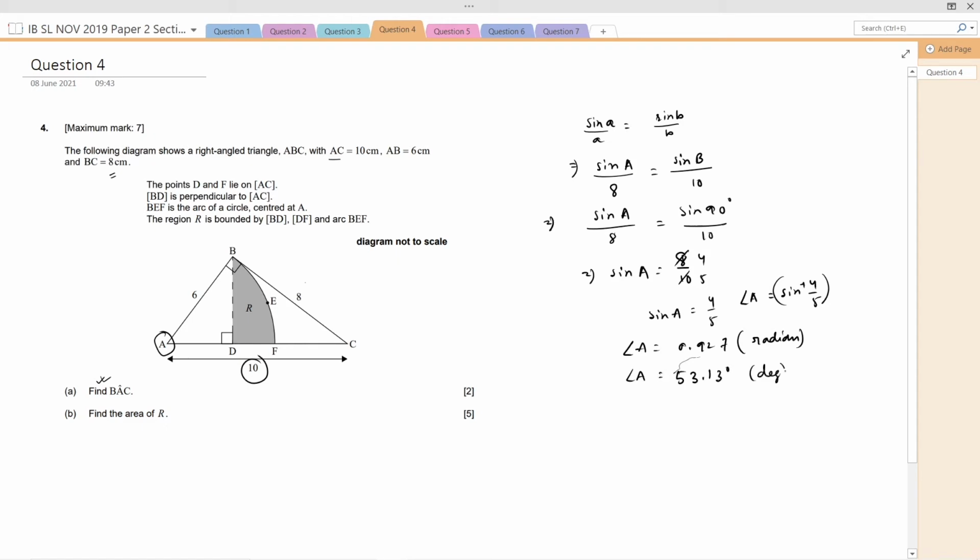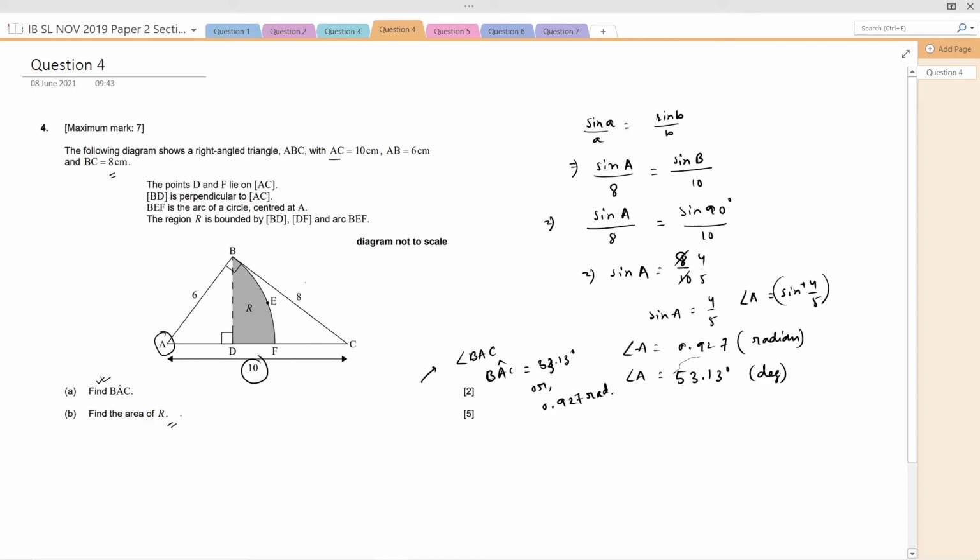So the value of angle BAC is 53.13 degrees or 0.927 radian. Now find the area of R.